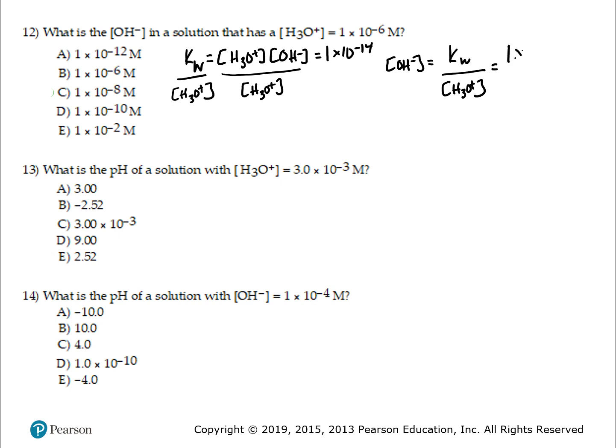The Kw is 1 times 10 to the minus 14. And we're given the molarity of the hydronium in the problem. If you know how to work your exponents, you don't need to touch a calculator. Otherwise, you can put it into your calculator. What you should get is C. Questions on 12?